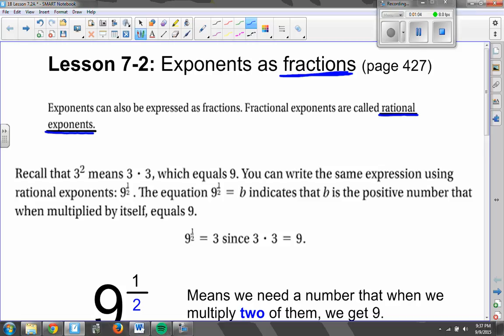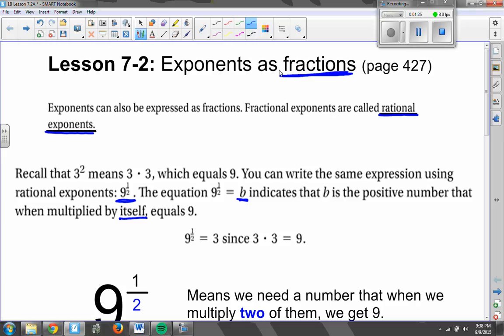So it says you can write the same expression using rational exponents, 9 to the 1/2 power. The equation 9 to the 1/2 power equals b indicates that b is the positive number that when multiplied by itself gives us 9.